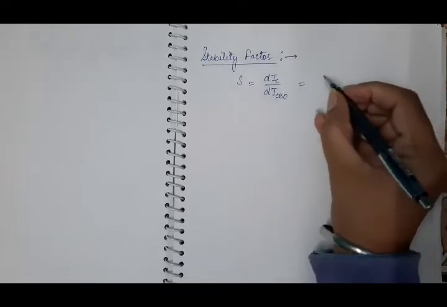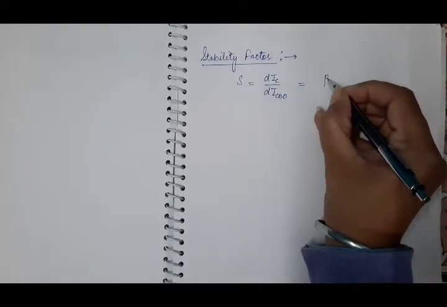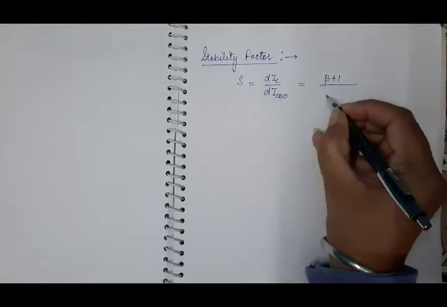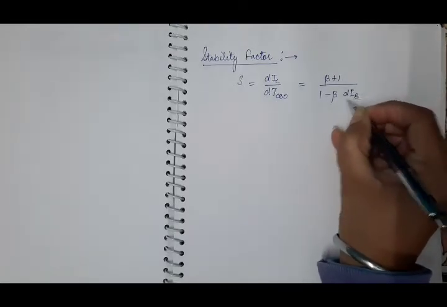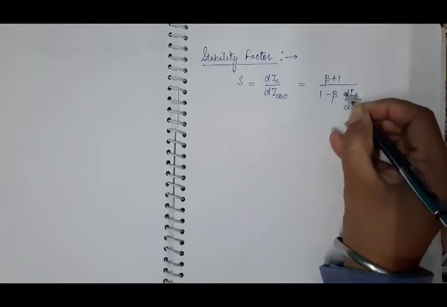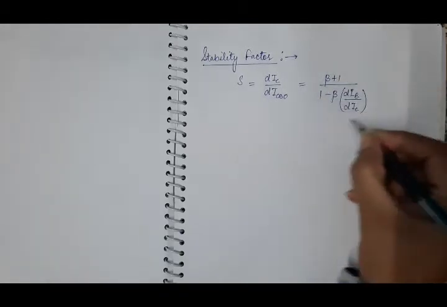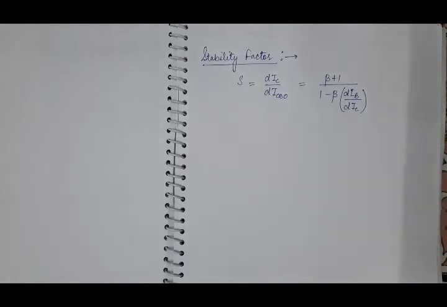So we have solved this, and it was equal to beta plus 1 upon 1 minus beta times the rate of change of base current with collector current. This was the general expression of stability factor S.